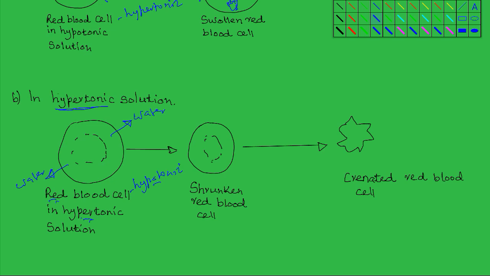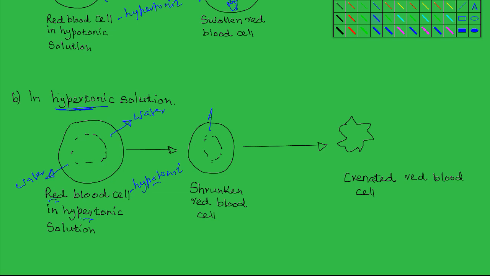Now, as the loss continues, the cell would shrink further and would appear wrinkled. Now, the shrinking of a red blood cell after losing water by osmosis is known as crenation.